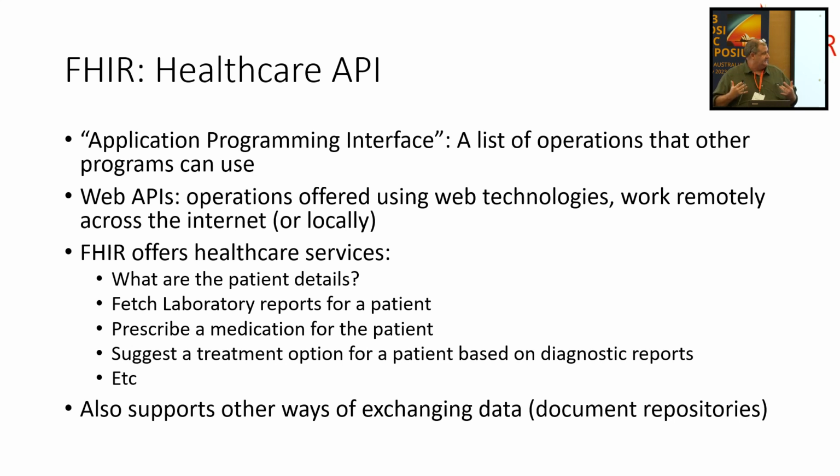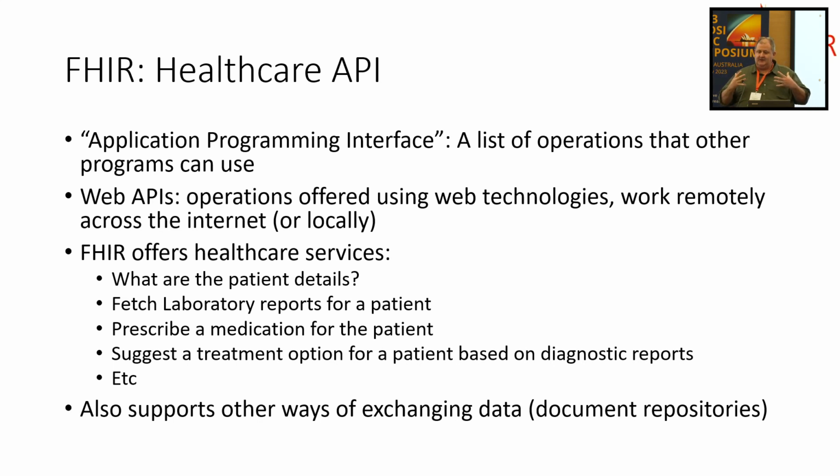So what it actually is, is a healthcare API. A list of operations that you can perform on a software endpoint that correspond to real-world healthcare operations. Some examples here like, fetch this patient's details, fetch a laboratory report, prescribe a medication to the patient, which will actually lead to a physical person or a machine sometimes actually generating a prescription which the patient will then pick up, or suggest a treatment option for a patient based on diagnostic reports, and so forth.